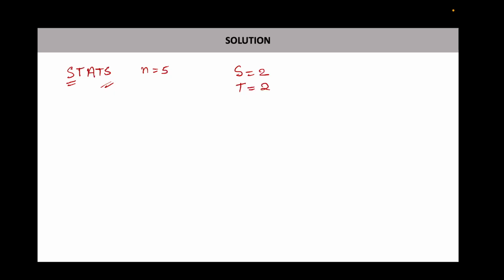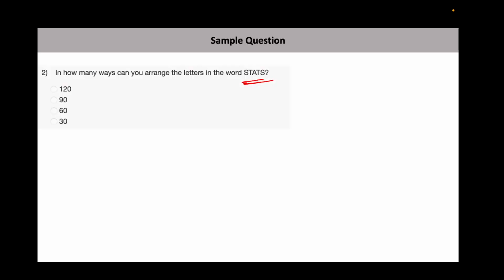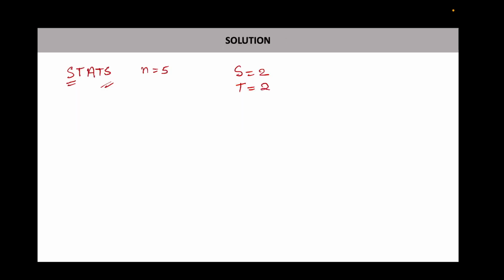So if you go back to the question, how many ways can you arrange these letters? This is a question of probability. Now if you calculate it, your probability of nPr will be equal to n factorial upon r factorial. So now you just put the values.